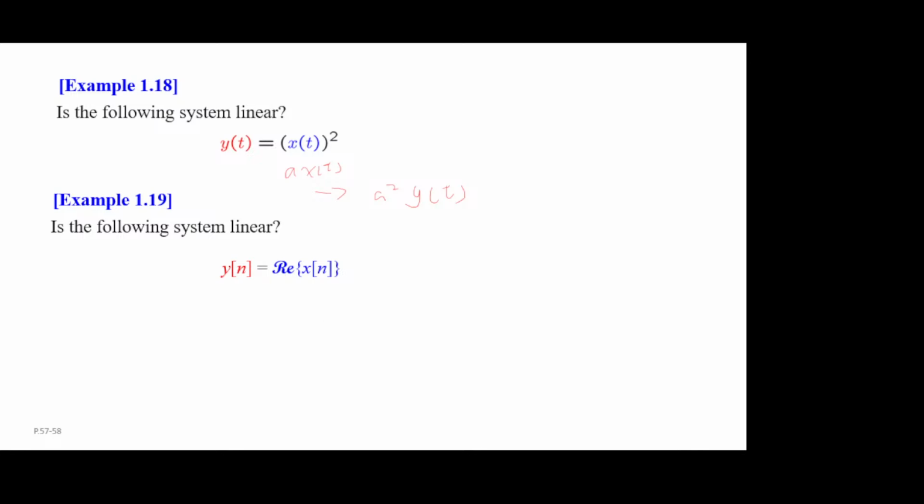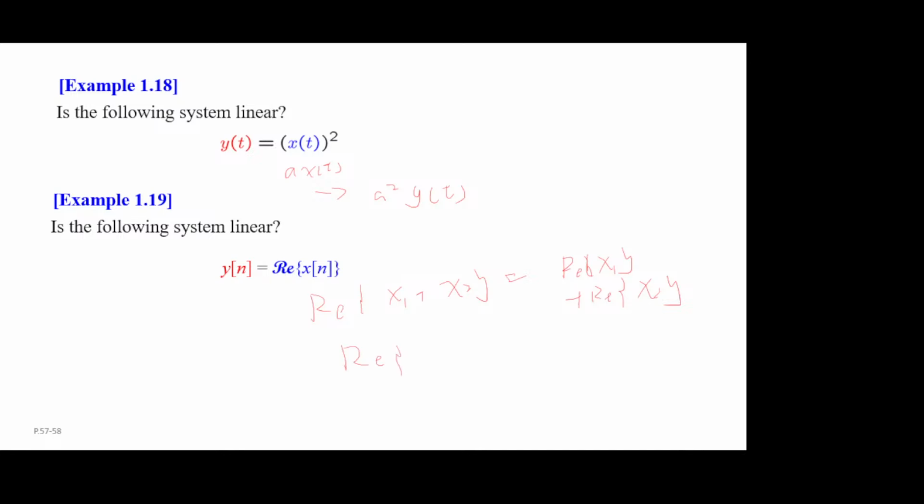So I think it's very linear, because this satisfies additivity, because the real parts you can add together. So you have Re of x1 plus x2 equal to Re x1 plus Re x2.